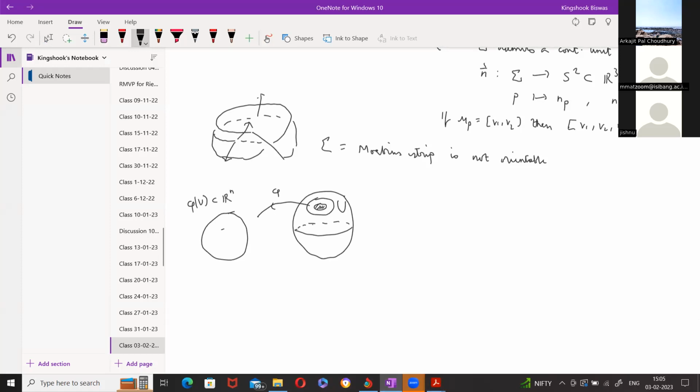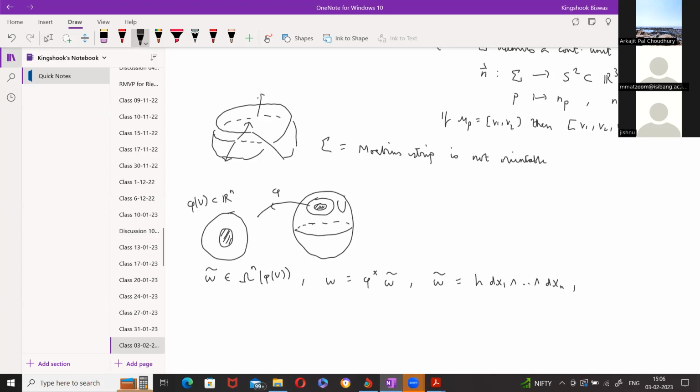And then I get a form omega tilde, which is supported here inside phi of U, such that omega is equal to phi star omega tilde. Omega tilde is equal to some function h dx1 wedge ... wedge dxn.